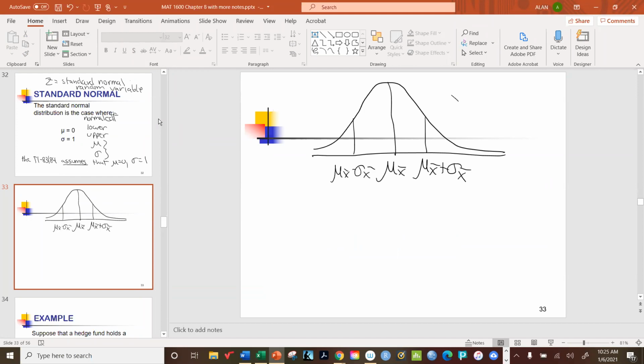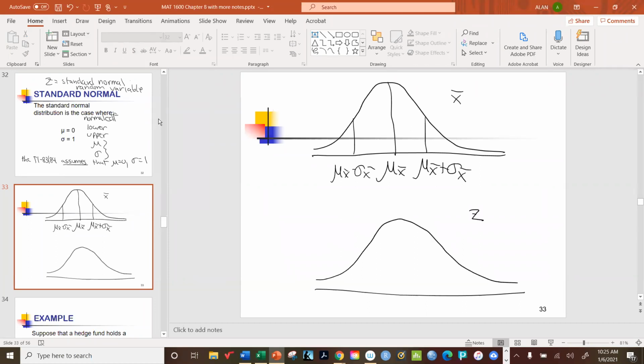Well then this is X bar's distribution. Down here, we have the Z or standard normal. And so this corresponds to 0. This corresponds to 1. And this corresponds to -1. This is exactly what we've seen before.